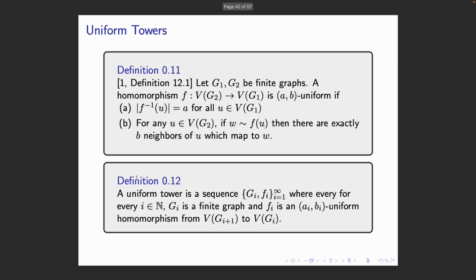That was a terrible explanation. You can just think of uniform towers as inverse limits in the category of graphs, with homomorphisms that have a few extra restrictions.